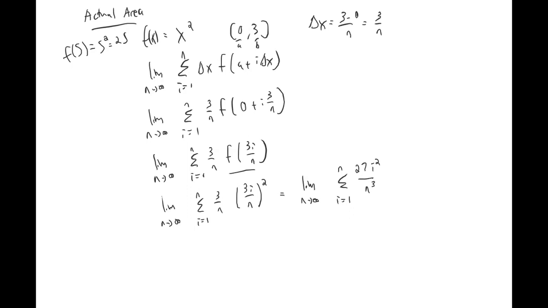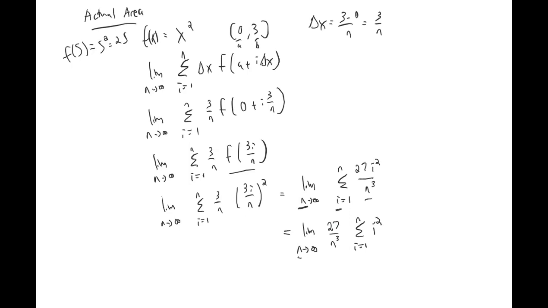Okay, so 27 over n cubed is a constant in this sum, because in this sum the variable is i. n is a variable, but it's a variable from the limit. So to make things easier, we could pull it out: 27 over n cubed. I can't pull it completely out, because n is a variable here. And then the sum i equals 1 to n of i squared.